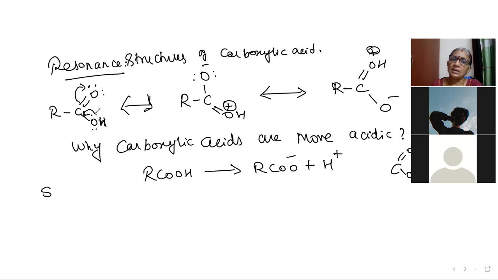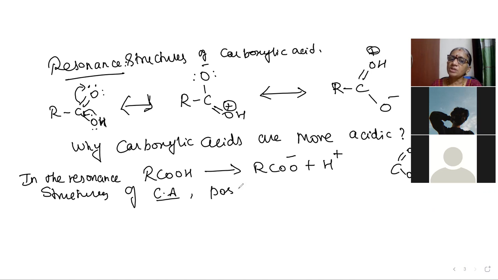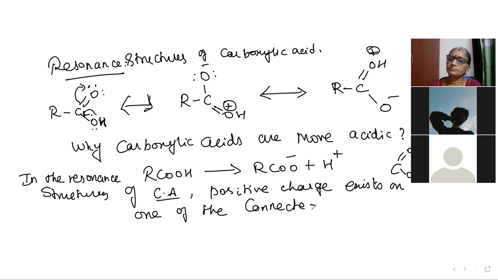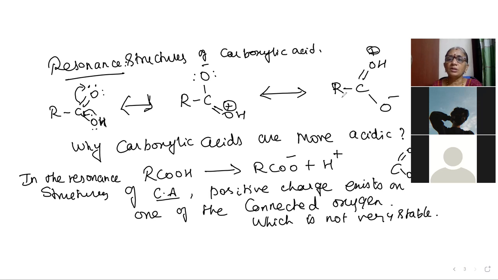So in the resonance structures of carboxylic acids, positive charge exists on one of the connected oxygens, which is not very stable. It is not a very stable contributing structure.